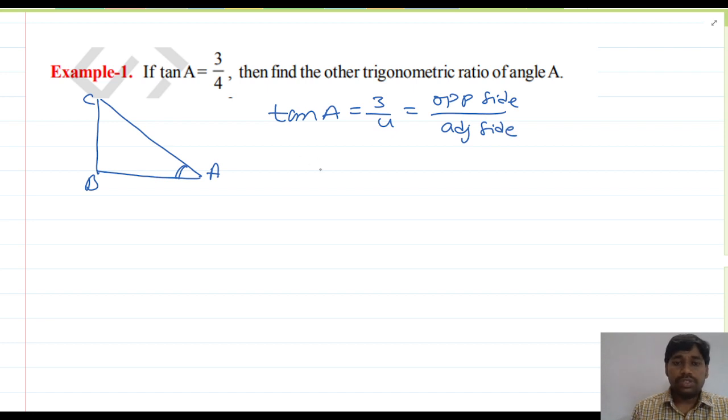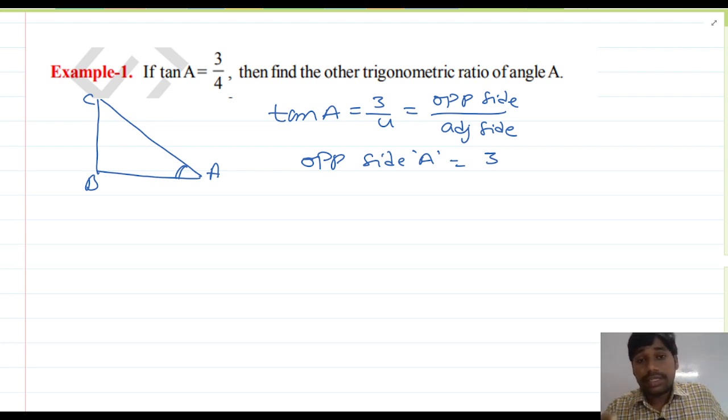So the opposite side of A is nothing but 3. See, 3 is a ratio, right? It may be a multiple of some integer. Then I can say it is maybe 3k, where k is some integer.